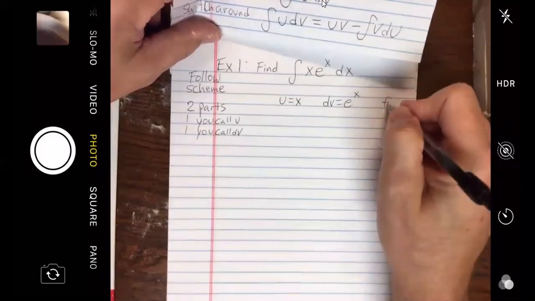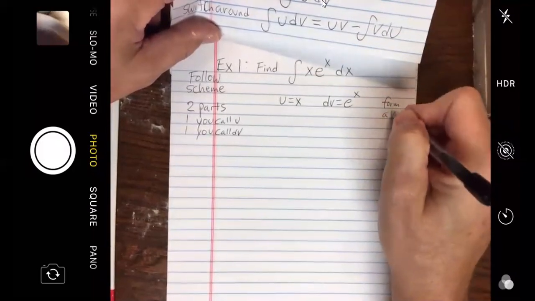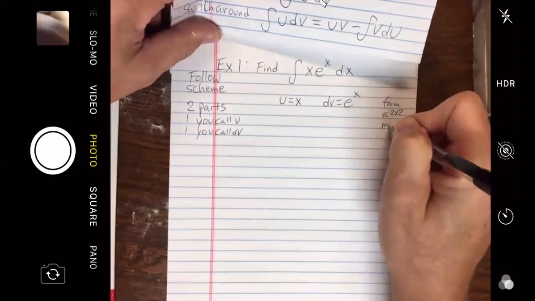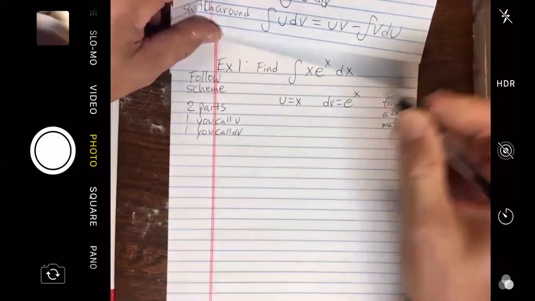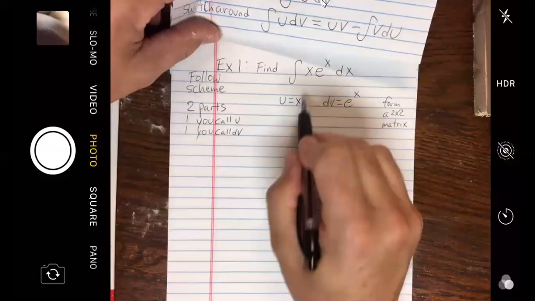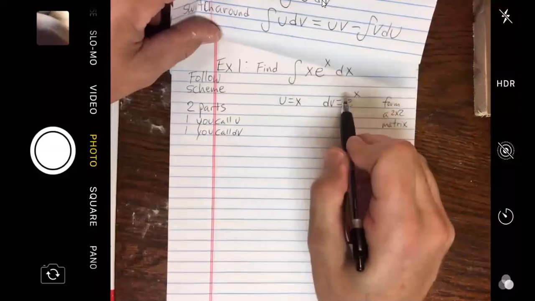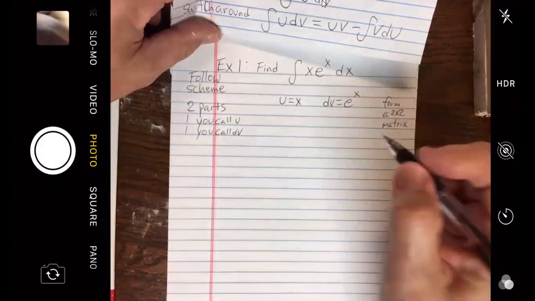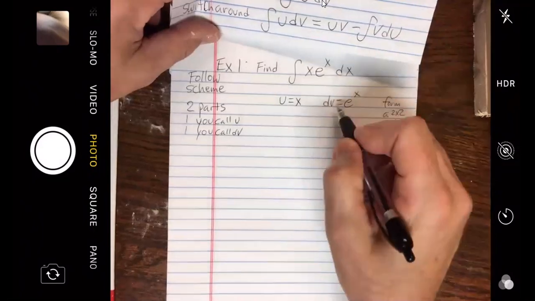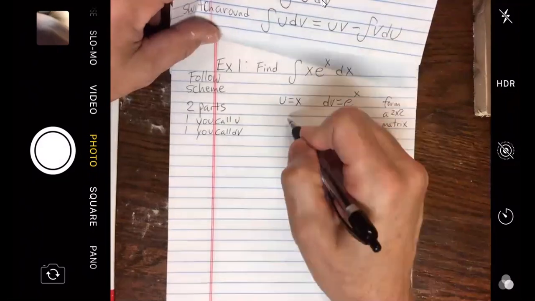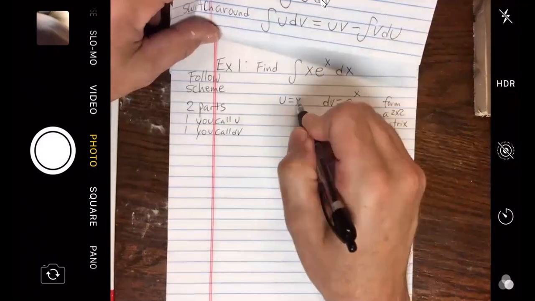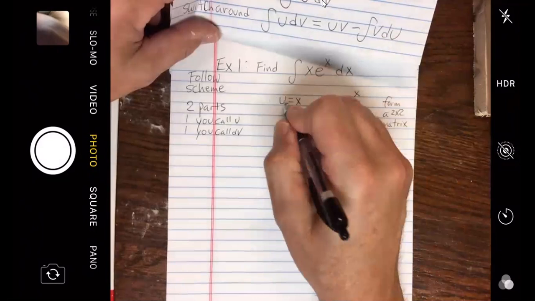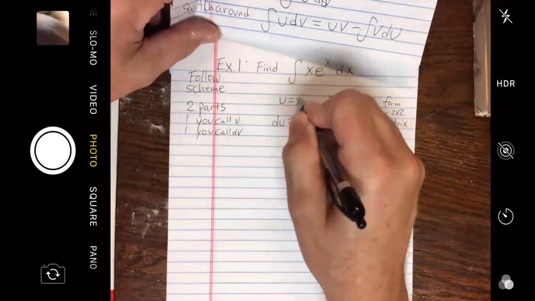I'm forming a 2x2 matrix. You get the first row of the matrix by naming your parts. Get your second row by doing the operation. In other words, you get your cell over here by differentiating. So du is a straight derivative of x. It's 1 in this case.